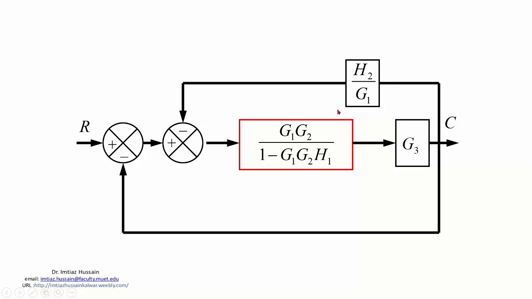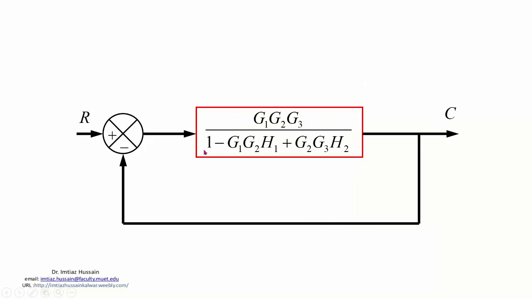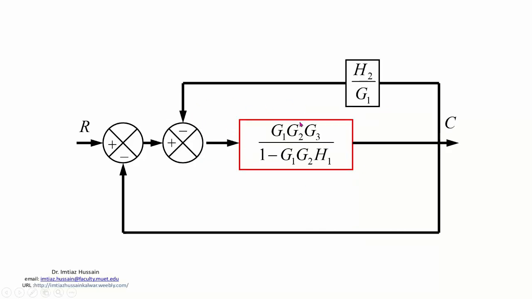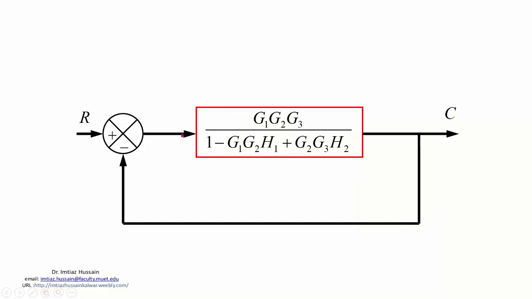Now this particular gain and this gain come in cascade or series. They will be multiplied like this. And then again this particular gain and this feedback path come in a closed loop, and hence elimination of summing points is applied, and you get the transfer function like this. If you take this as G and this as H, then this will be G over 1 plus GH, where G will be substituted by this expression and H will be substituted by this expression to obtain the transfer function of that path.